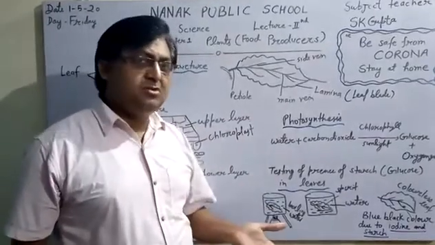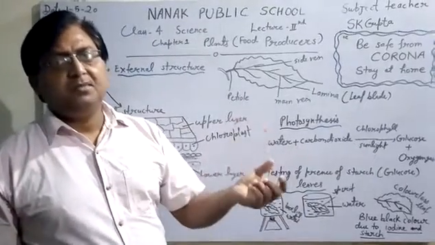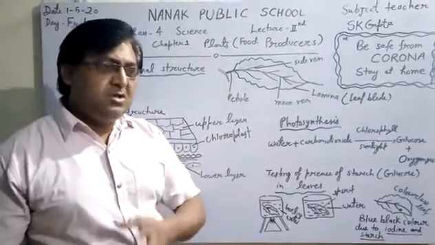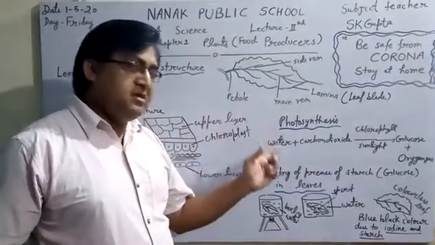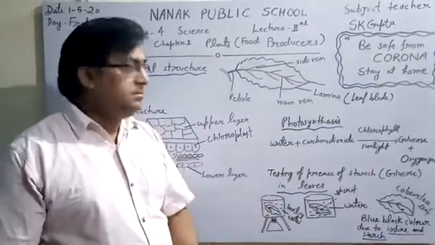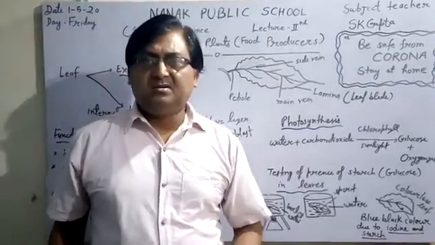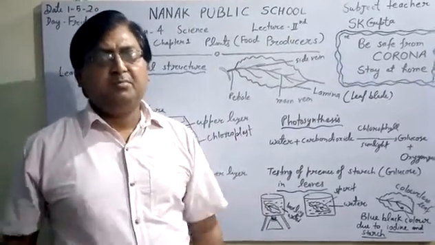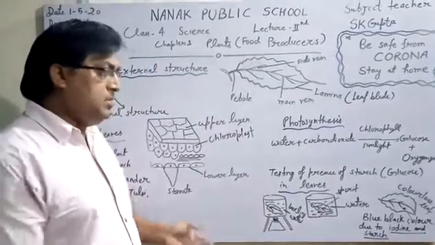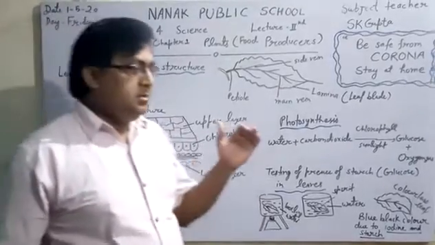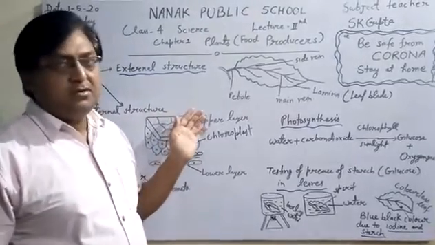What is photosynthesis? Which gas is released from the leaves? Answer is oxygen gas. Which gas is utilized in photosynthesis? Carbon dioxide gas. By which are water and mineral salts conducted in the plants? Answer is roots. So you have to solve your exercise and learn it.